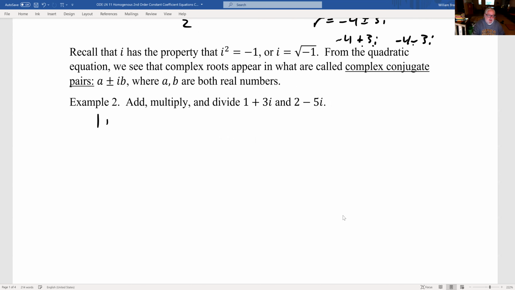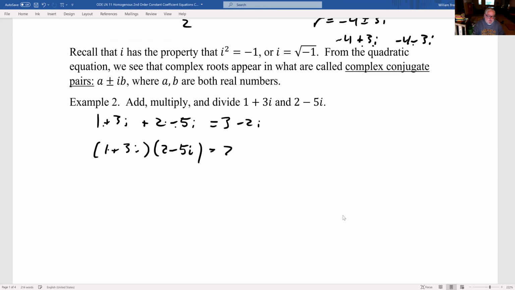Addition is just adding like terms. So 1 plus 2 is 3, 3i minus 5i, 3 minus 5 is minus 2i. Multiplication, you do that by FOILing. 1 times 2 is 2, 1 times minus 5i is minus 5i, 3i times 2 is 6i, 3i times minus 5i is minus 15i squared.